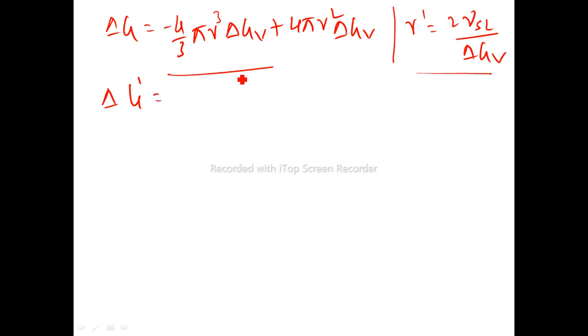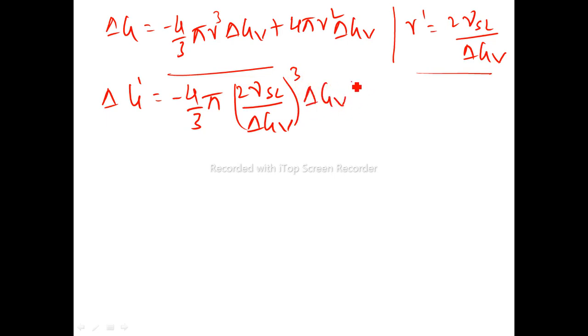So this can be obtained by substituting this r dash in this equation, whole cube, this is square and delta GV.